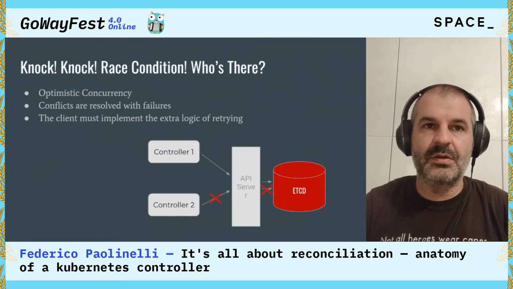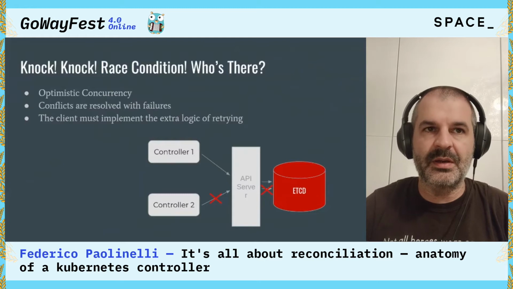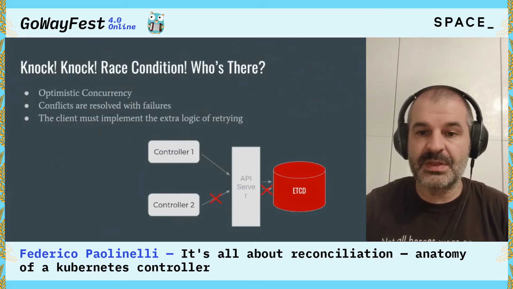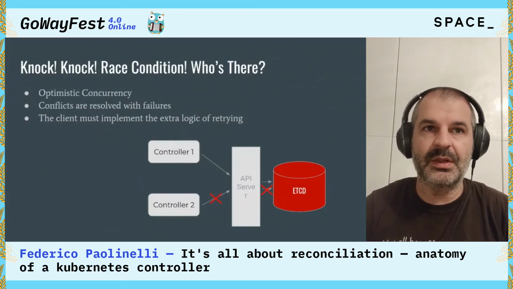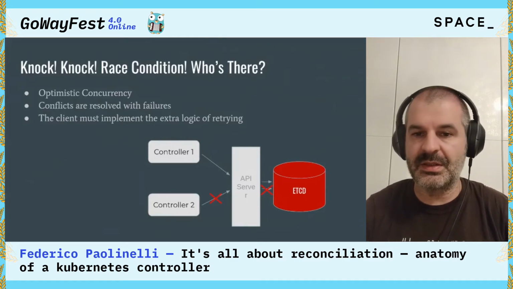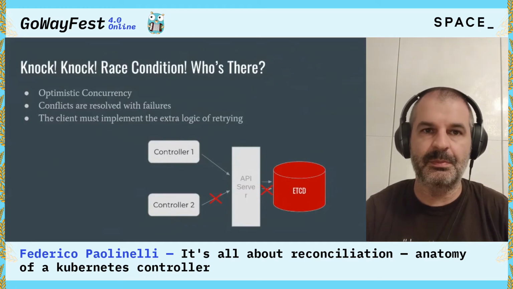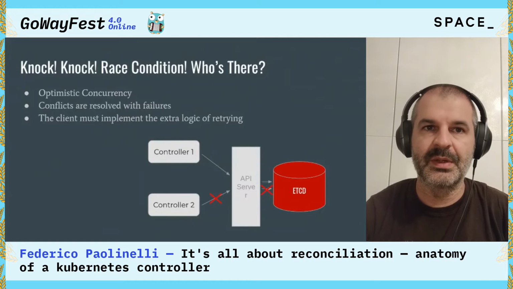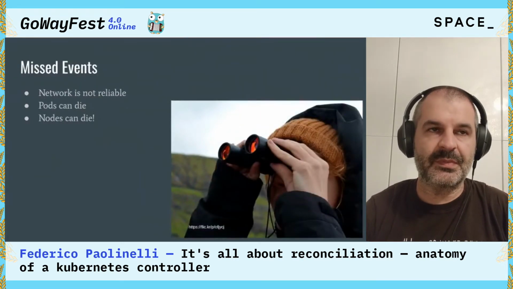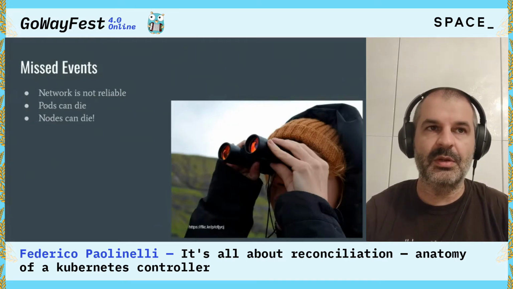And this is good for performance because you don't have mutexes, but the downside of it is that all the retry logic must be implemented in the client whenever it gets an error. So it's some kind of complexity that is removed from the cluster but is added to our controllers. The other thing is we can have missed events. It's a distributed system. The network is not reliable.